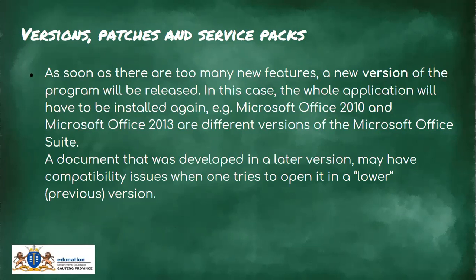We had a problem, so we had the patch. Then we combined this group of patches into a service pack. Then we come up with new features all together in a different version. So that becomes a version. A document that was developed in a later version may have compatibility issues when others try to open it in lower versions.